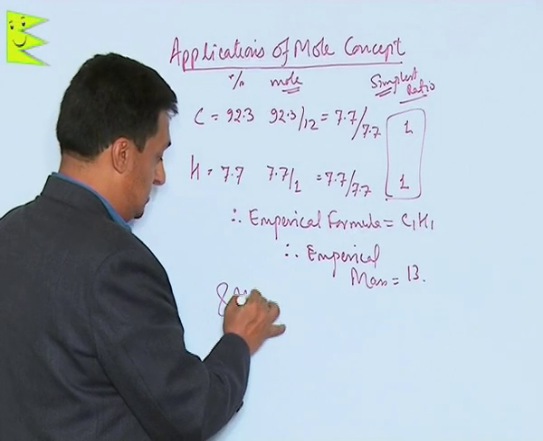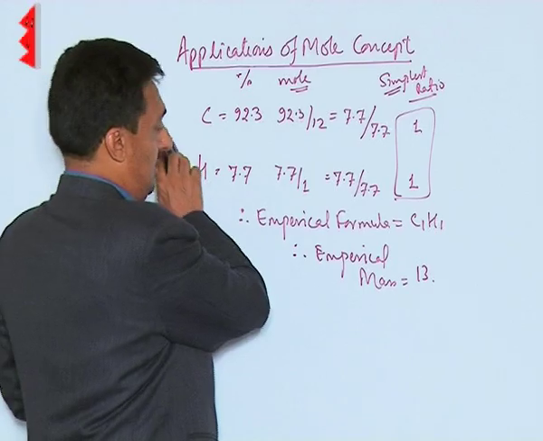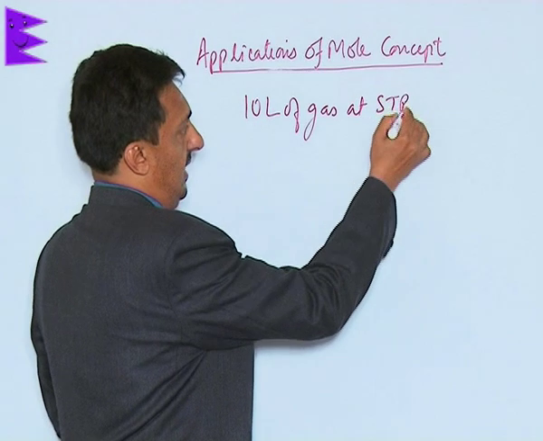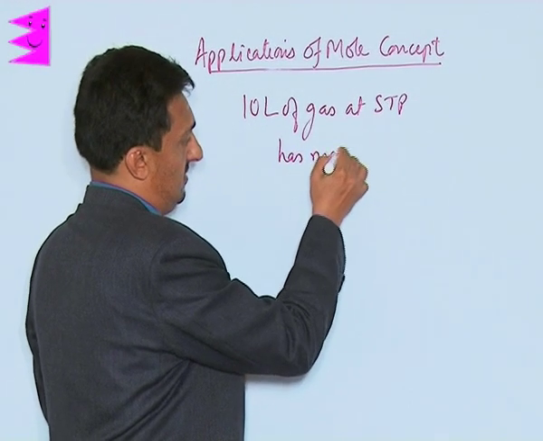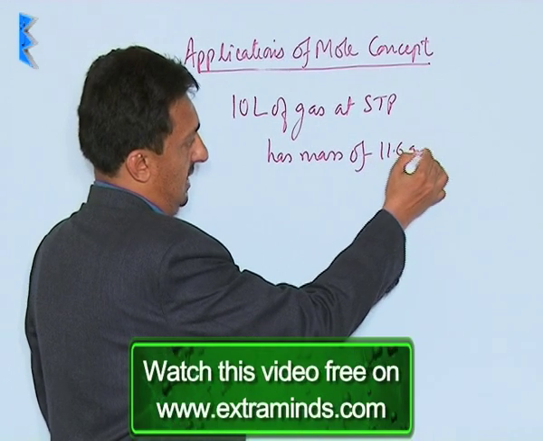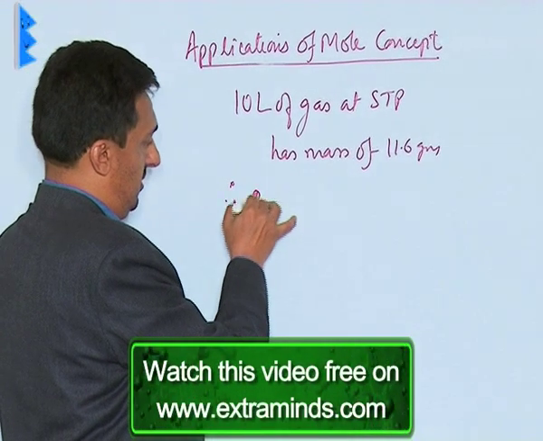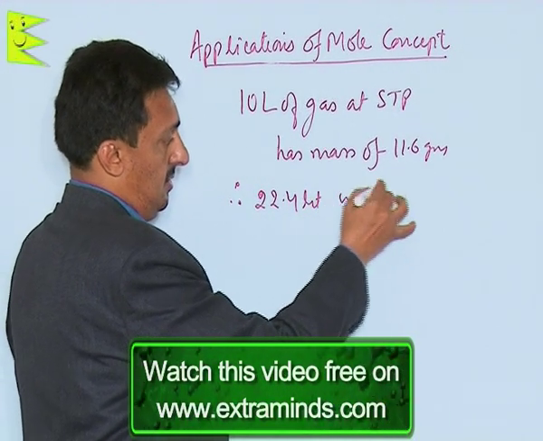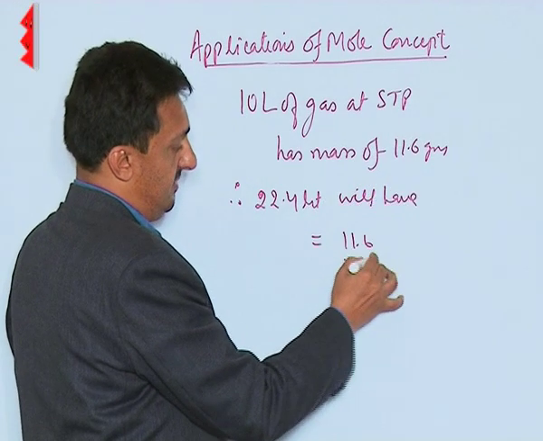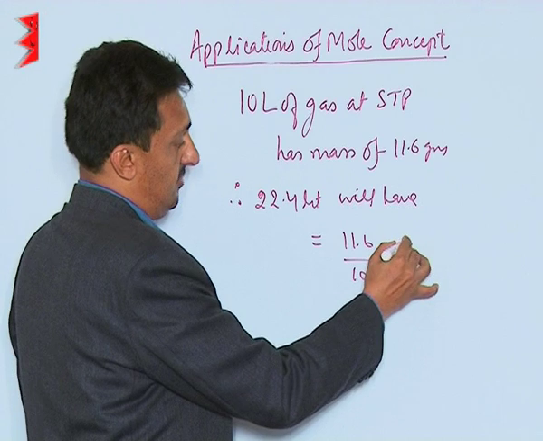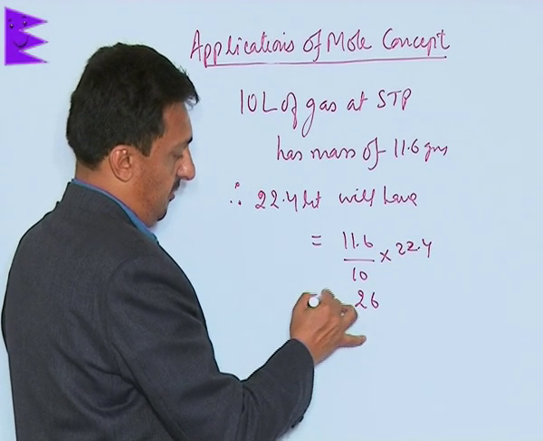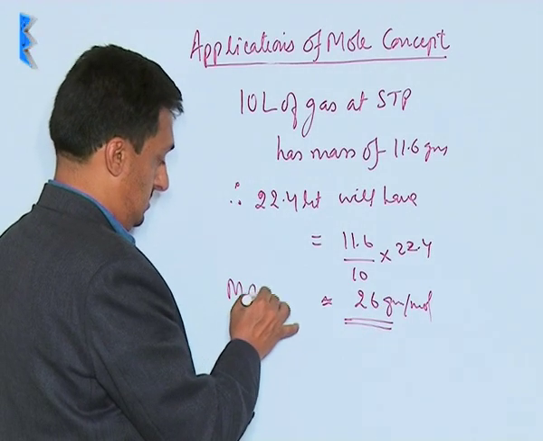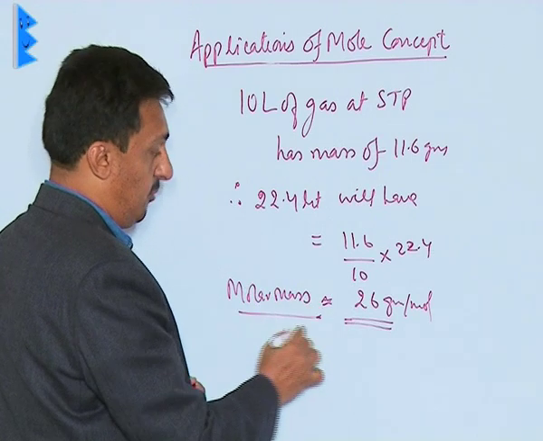And now let us do the calculation for molecular mass. 10 liters of gas at STP has mass of 11.6 grams. Therefore, 22.4 liters will have 11.6 divided by 10 into 22.4. This gives us approximately 26 grams per mole. So their molar mass is 26.